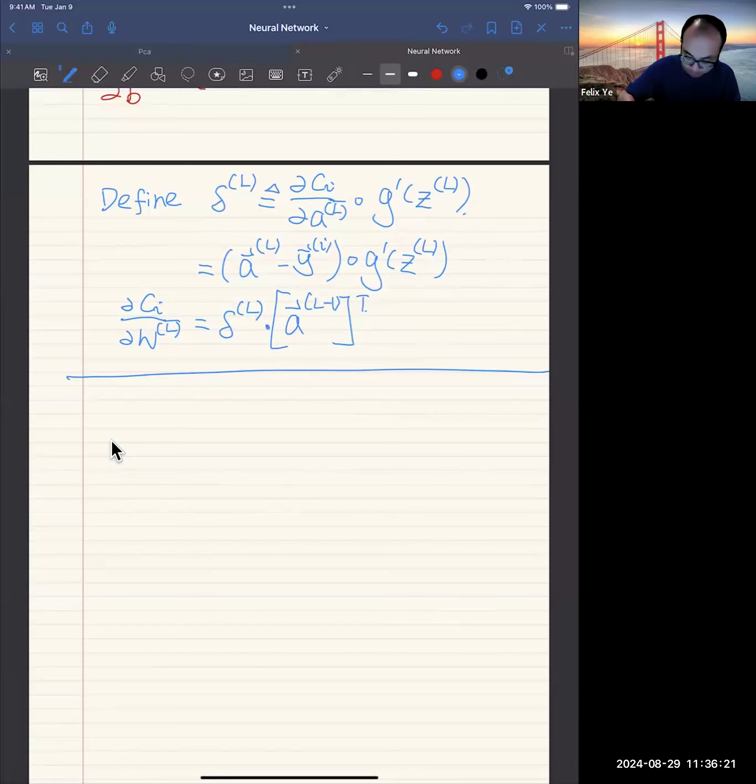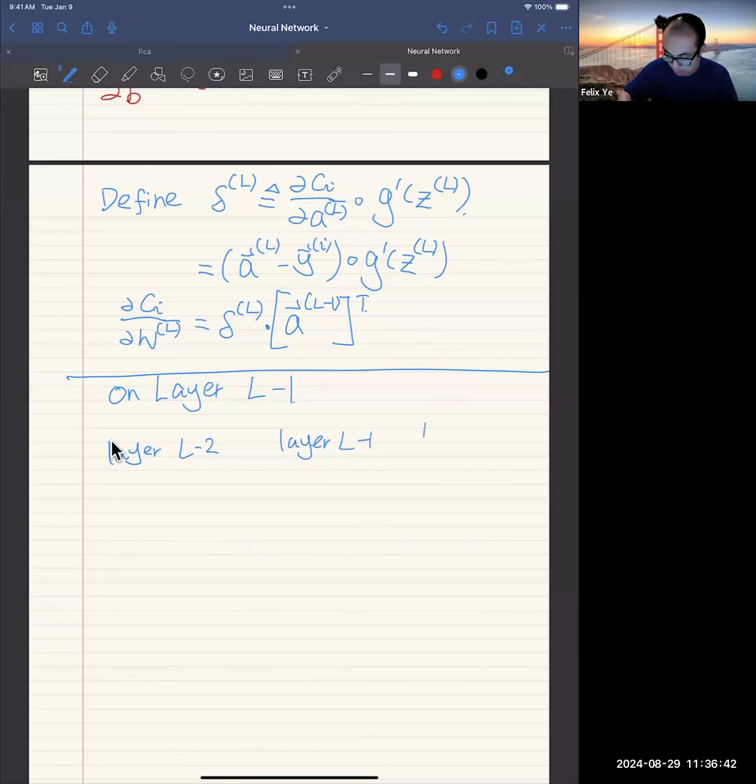We have already talked about the output layer. So this is layer L-2, layer L-1, layer L. We have a bunch of neurons here.